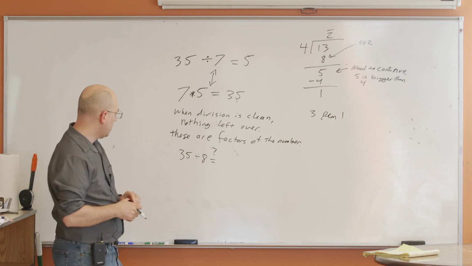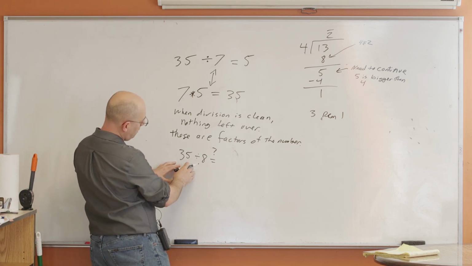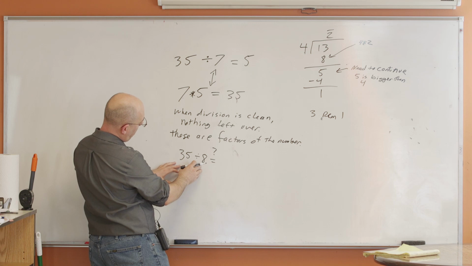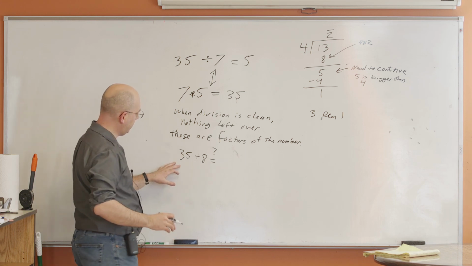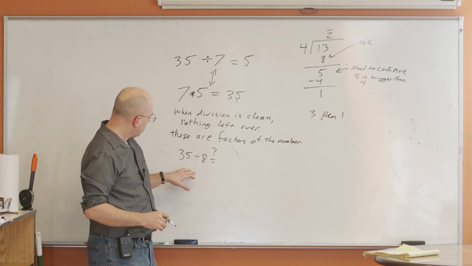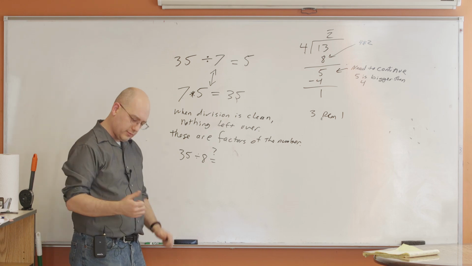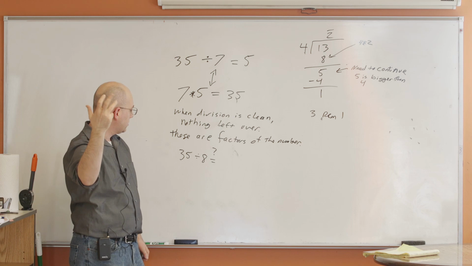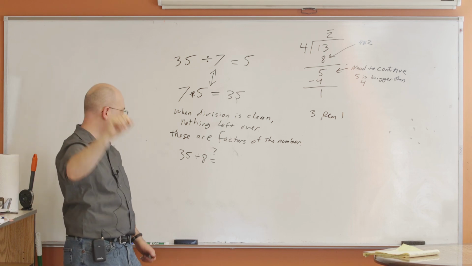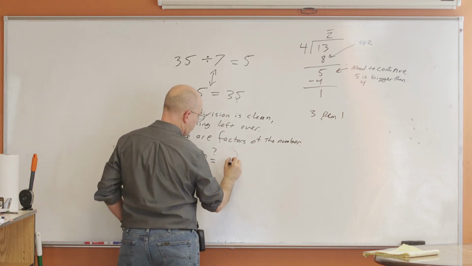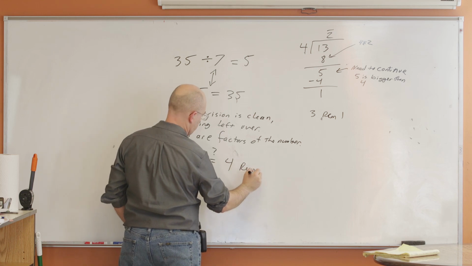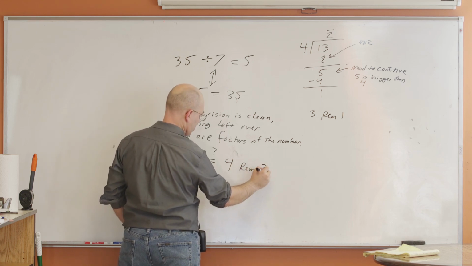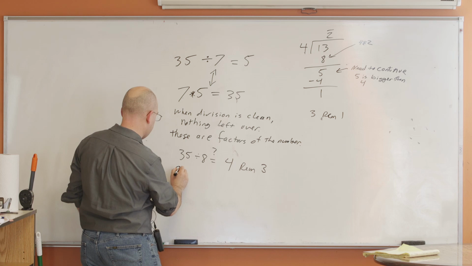No. What can we cleanly divide 8 into that's less than 35? If you think about 8, 16, 24, 32, the next one's going to be 40. So 32, and that's a 4. So that's going to be 4, and then a remainder of 3. So 8 is not a factor.